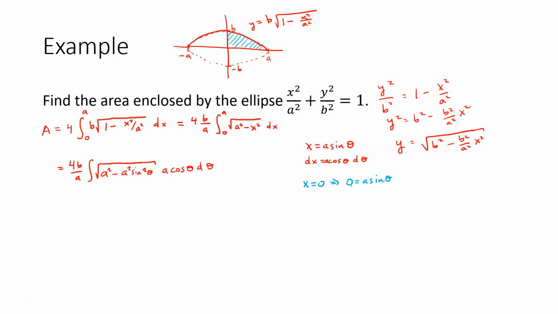And so 0 equals a sine theta, so dividing by a, 0 equals sine theta, which we know occurs when theta equals 0. And when x is equal to the other limit of integration at a, that means a equals a sine theta. So dividing by a, we get 1 equals sine theta, and that occurs at the angle pi over 2. Okay, so our new limits of integration will go from 0 to pi over 2.